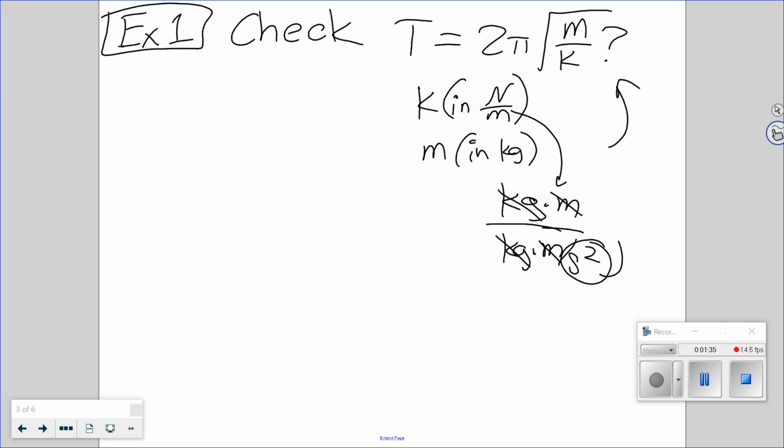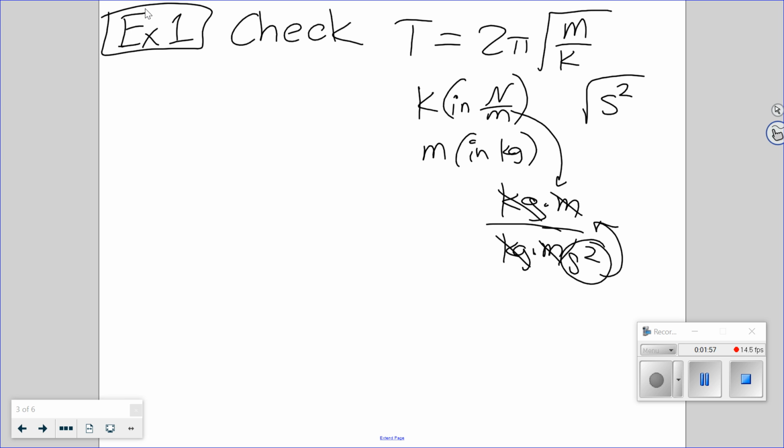So inside this square root sign I have per second squared. If it's m over k, it's not k over m. And remember, it was k over m for the frequency. So it's hard to tell just from memory which one it is, but if you check the units, then it works out.